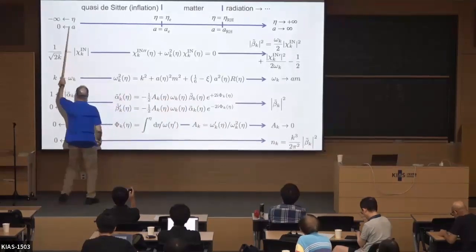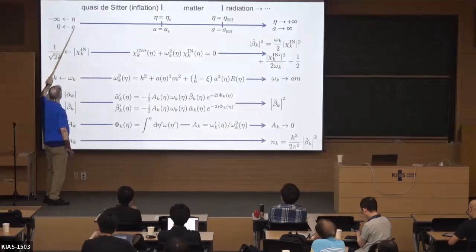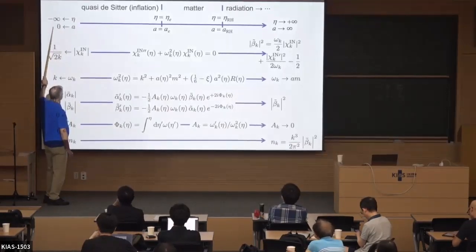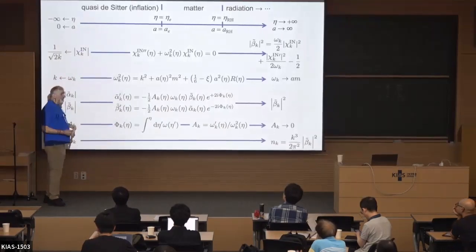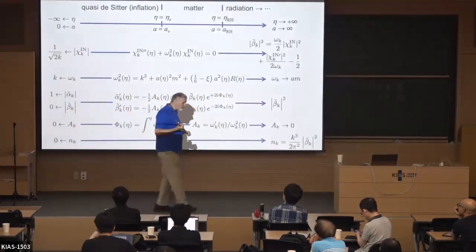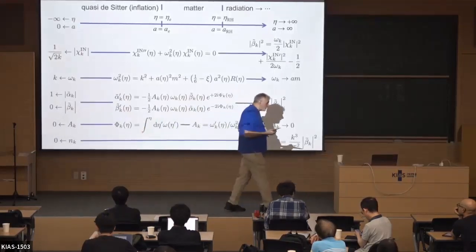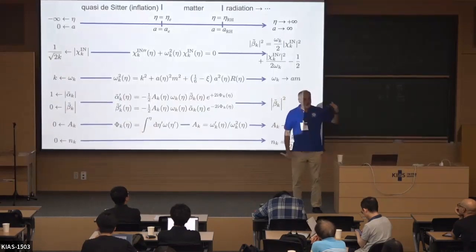We're starting at eta of minus infinity as the scale factor goes to 0, and starting in an inflationary phase, which is quasi-de Sitter. It's quasi-de Sitter because in true de Sitter space, H is a constant forever, but this is quasi-de Sitter.